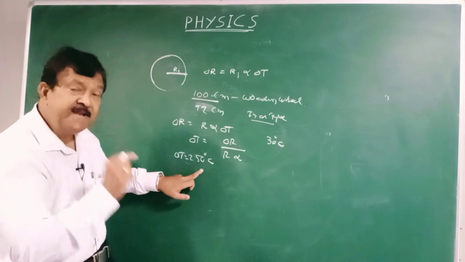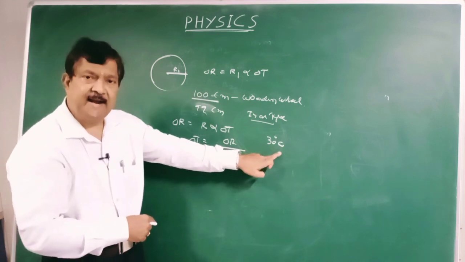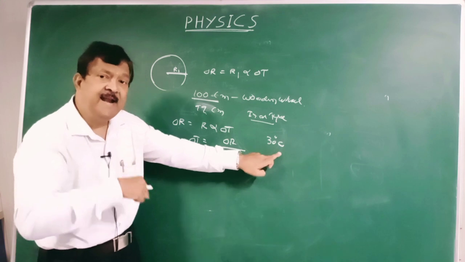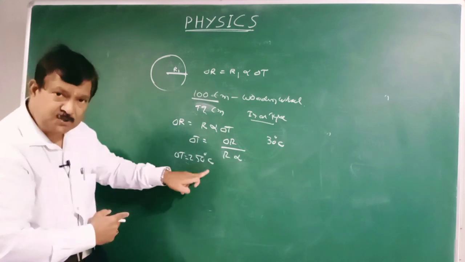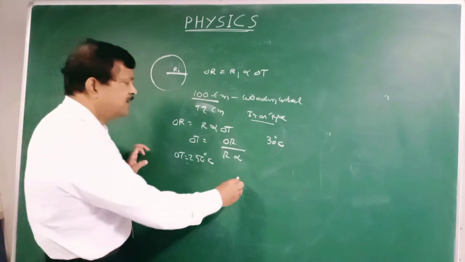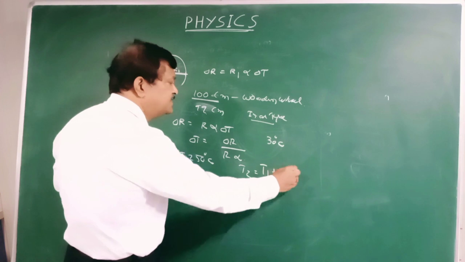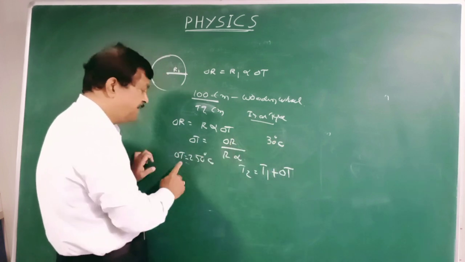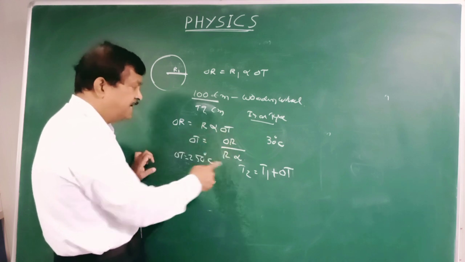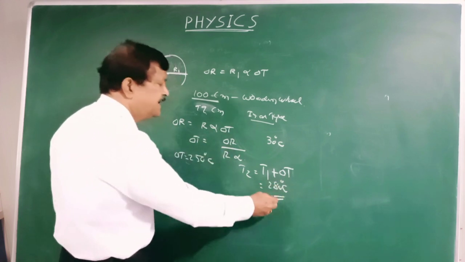This is only the change in temperature. Initially it is at 30 degrees centigrade, and from 30 degrees centigrade it must be heated until the change in temperature becomes 250, which means the final temperature must be equal to initial temperature plus change in temperature. Clearly, if the initial temperature is 30 and the change in temperature must be 250, as per this equation, the final temperature must be equal to 280 degrees centigrade.